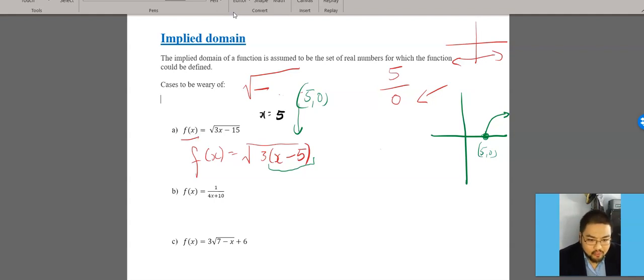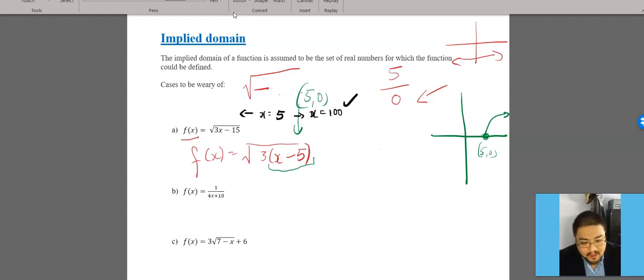If we have a really large number, let's say x equals 100, 100 minus 5 is 95. This will be a positive number, which means it's still defined.